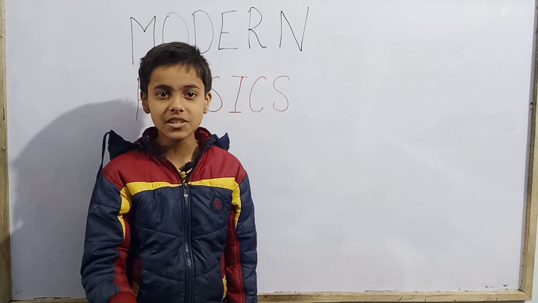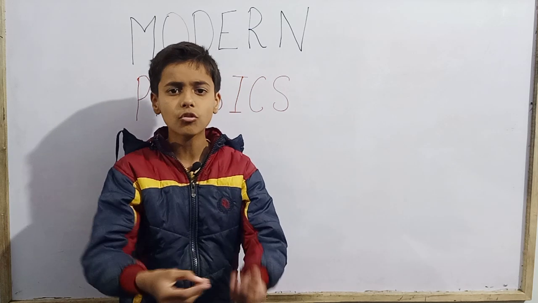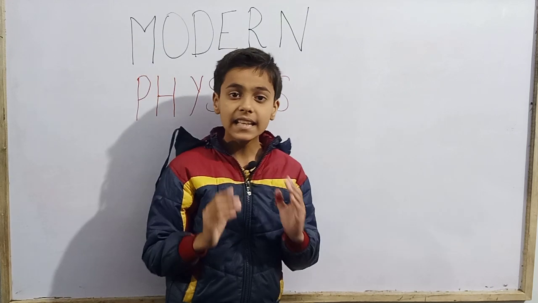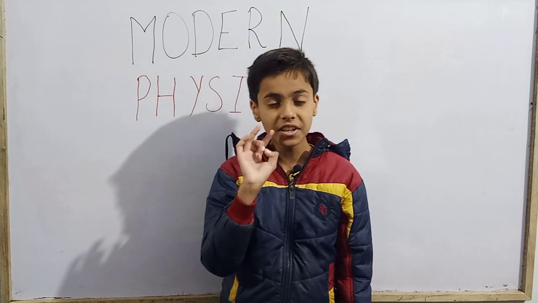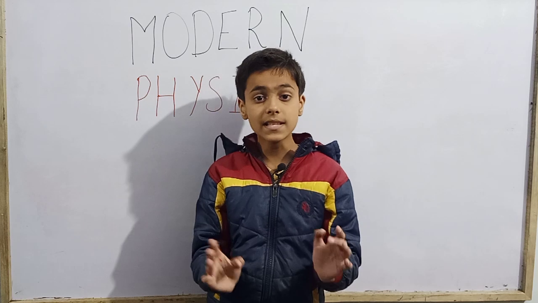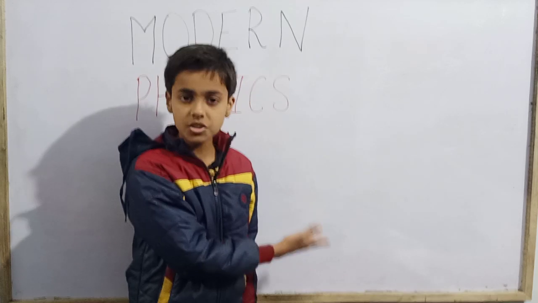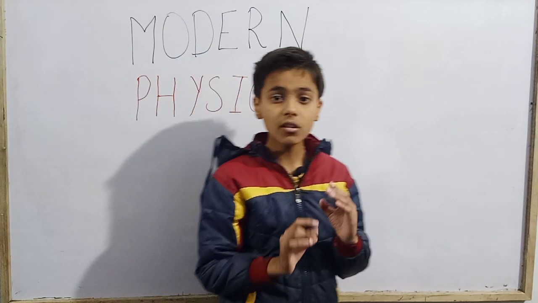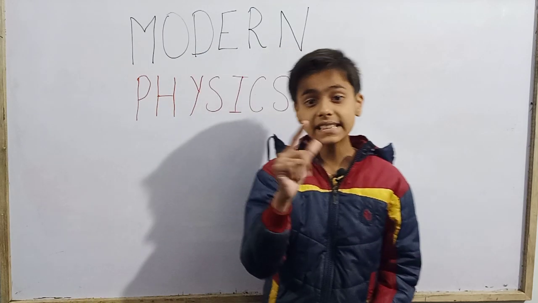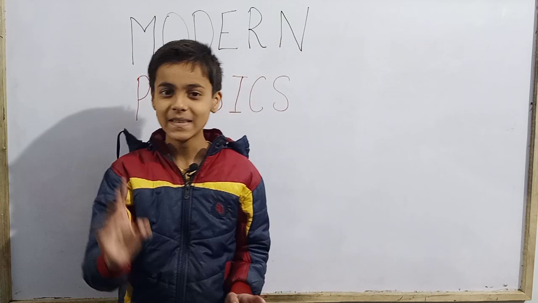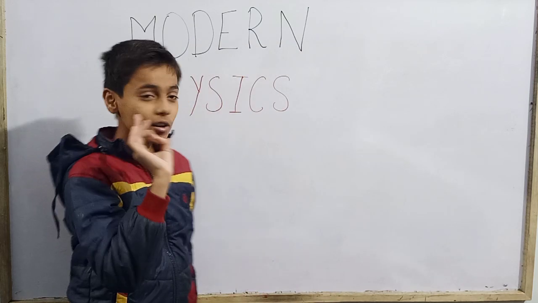After struggling much, the solution was found by a very great mind in the history of physics, Max Planck. He solved the black body problem, but at a cost, and the cost was the quantum. He told the world about the quantum.